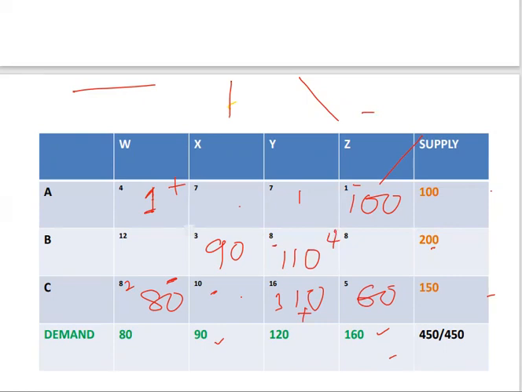Where do we move to? Sorry sir, I'm not clear about that movement. We are currently at CY. If we move to the right, is this diagonal?